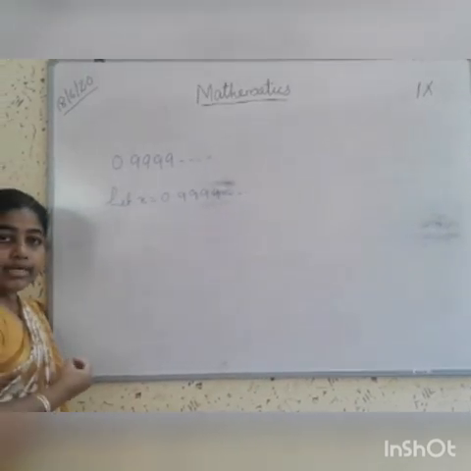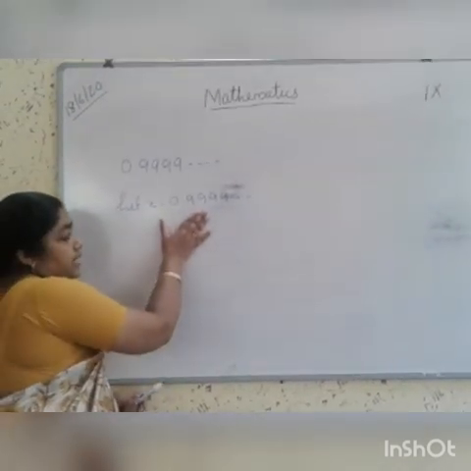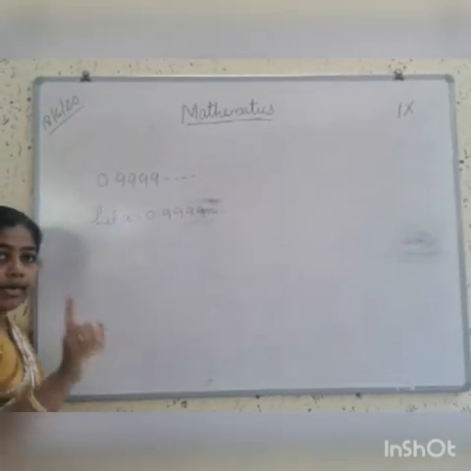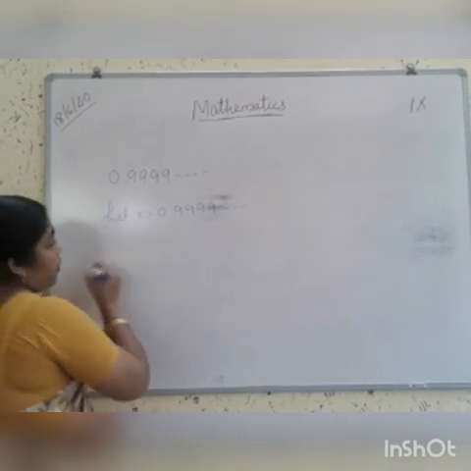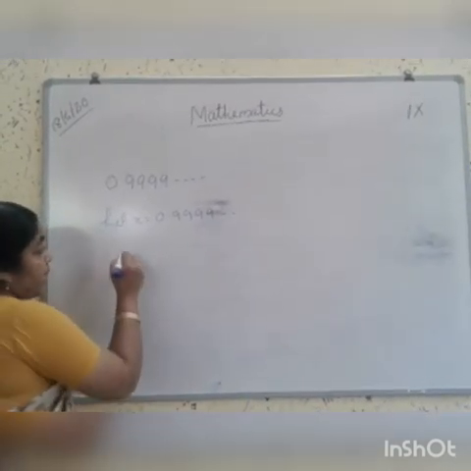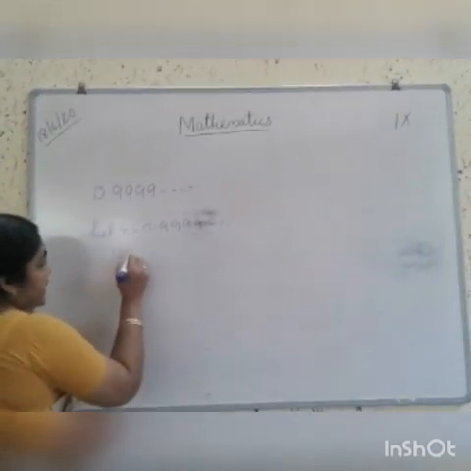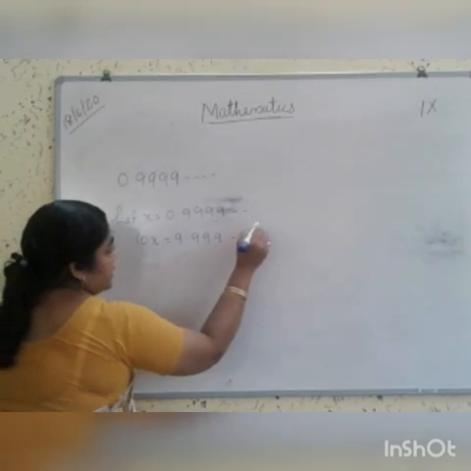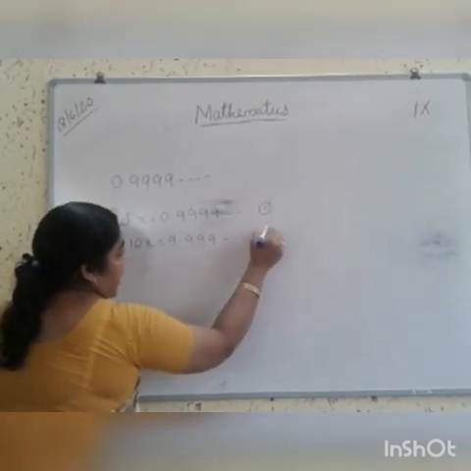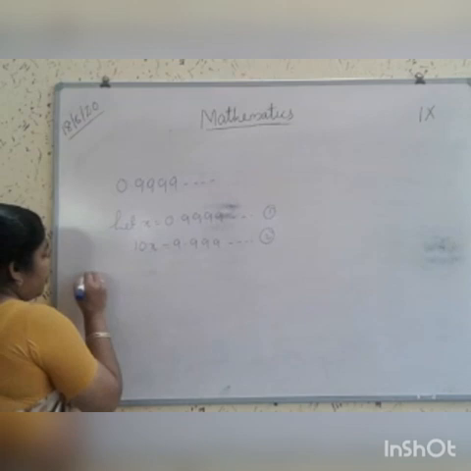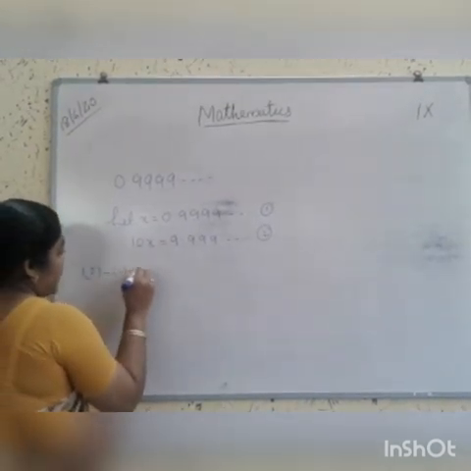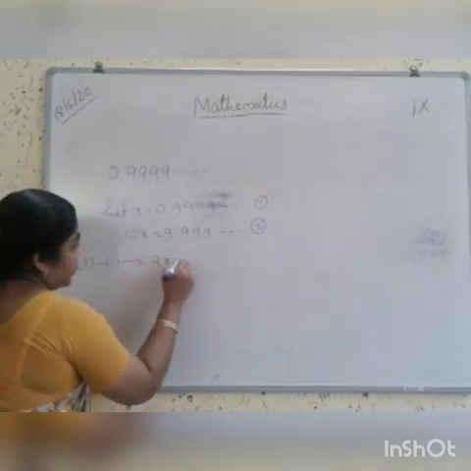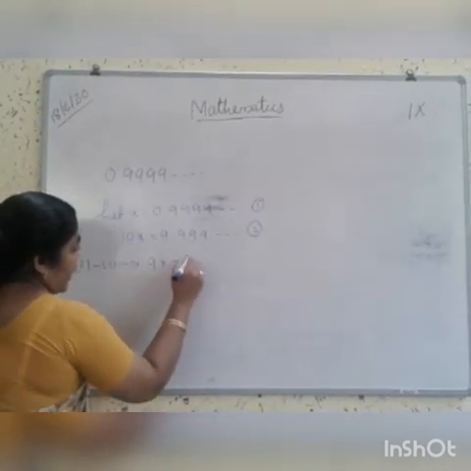Last class we already discussed how we can represent in rational form. How many digits are repeating here? Only one digit. So we can multiply both sides by 10. Then 10x is equal to 9.999 etc. This is equation number 1 and this is equation number 2. 2 minus 1 gives 10x minus x, that is 9x is equal to 9 minus 0 is 9.